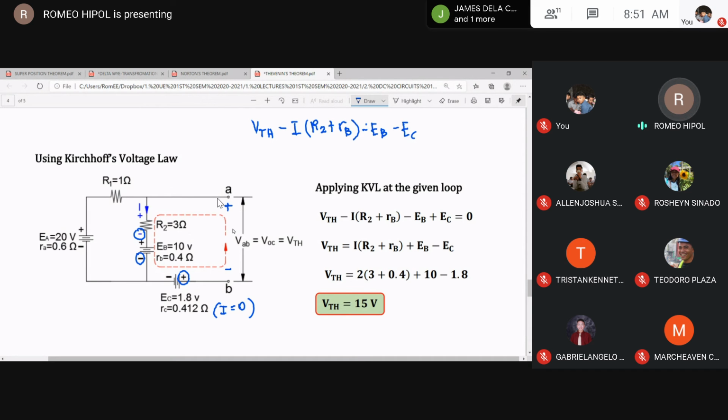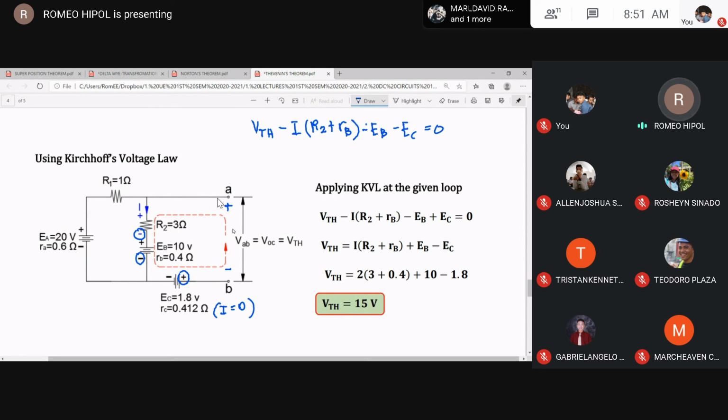Pero in this case, dahil open circuit siya, walang effect yung ating resistance. So kahit pa mayroong resistor na connect dito, wala rin siyang effect kasi walang current na dumadaloy. Naintindihan? Okay. So, kaya it is equivalent to equal to 0.